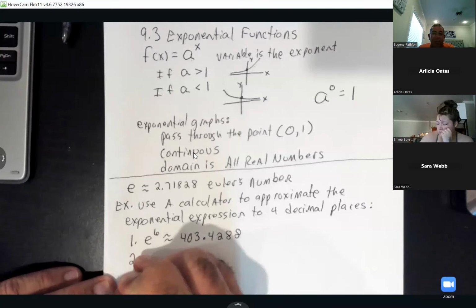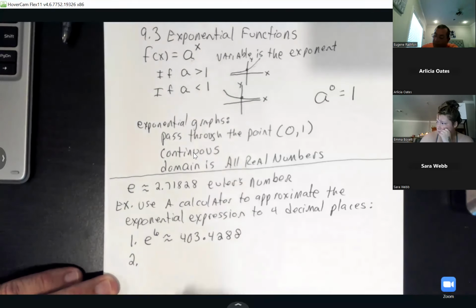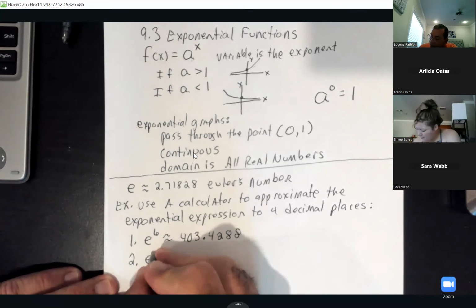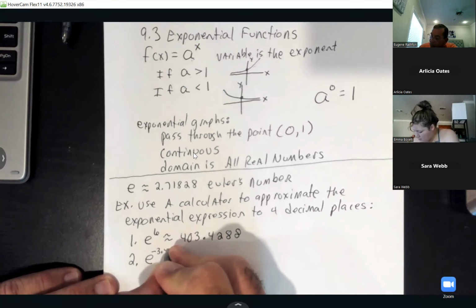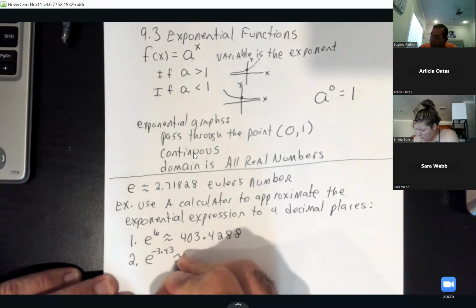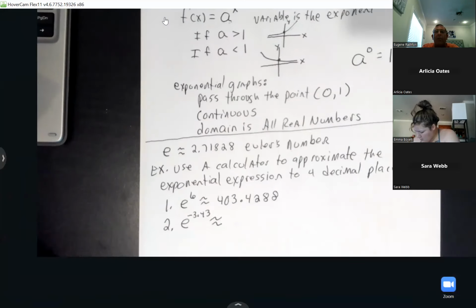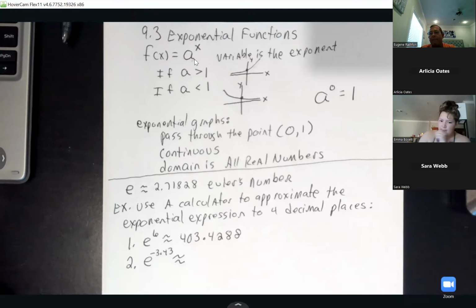Right, y'all, so let's try number 2 here. They got e to the negative 3.43. All right, so let's go back to that calculator, because I will say this chapter we're in is going to be calculator heavy.